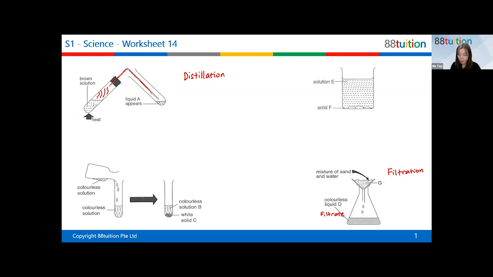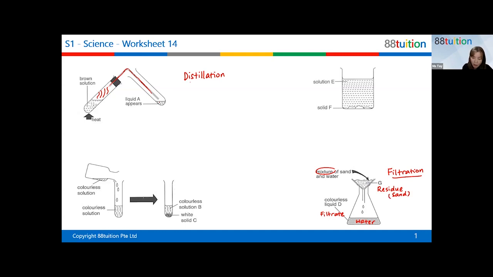And what is the thing that is trapped in the filter paper? Yes, that's right. Jared says the residue, which is also sand. You are correct. Evan, you are also right. But a general term is actually the residue. Because it's already given that the mixture is sand and water, we can say that this is water and this is sand, right?